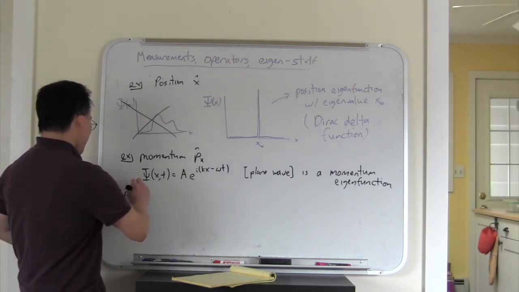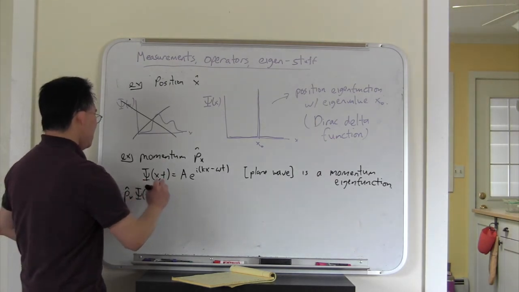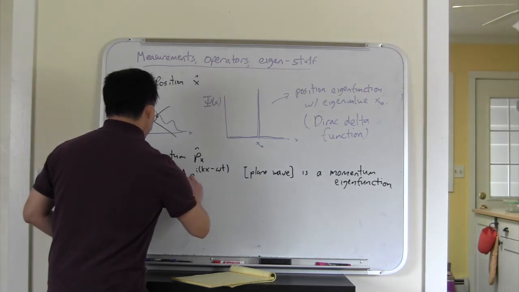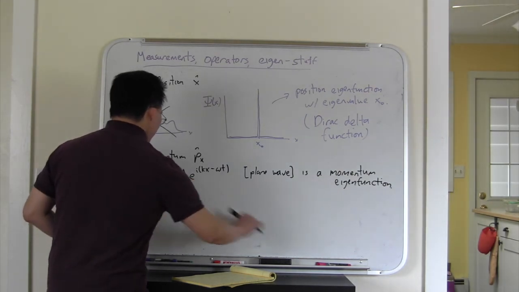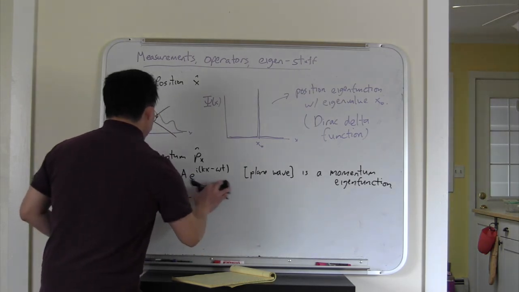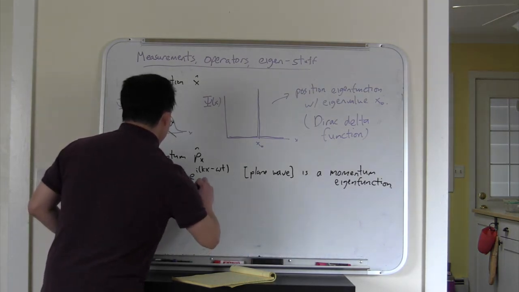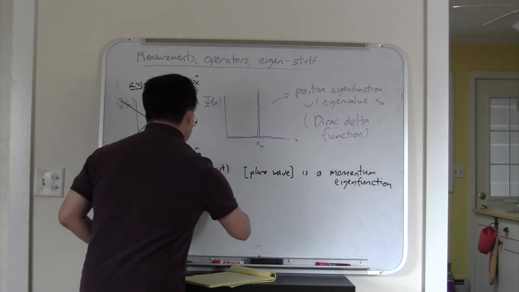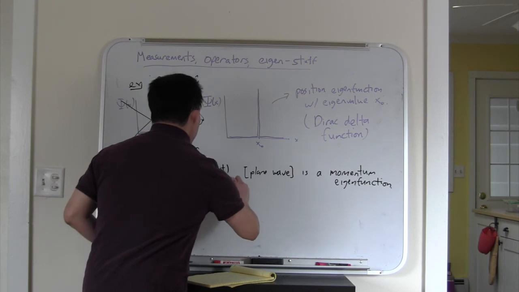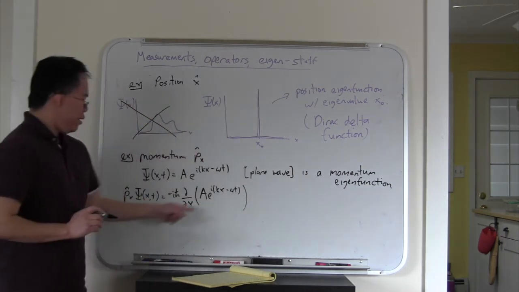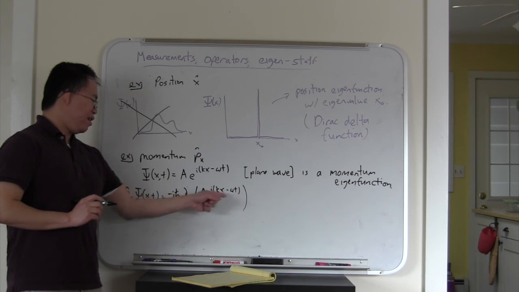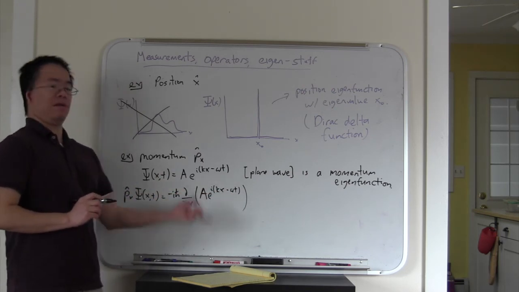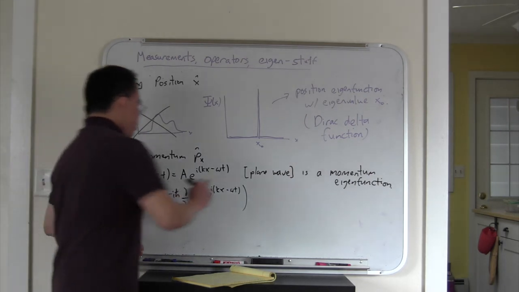p_x acting on this wave function is minus i h bar partial partial x acting on A e to the i(kx minus omega t). If I differentiate this with respect to x, the only x-dependent thing is that exponential. I pull down a factor of ik by the chain rule.